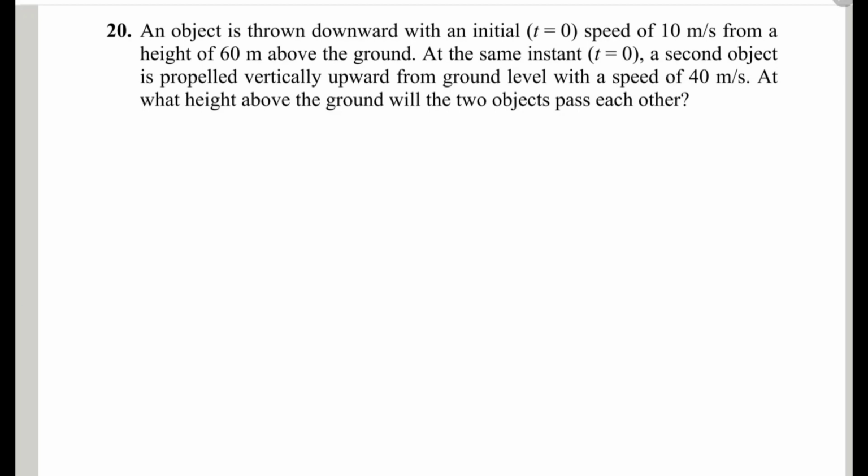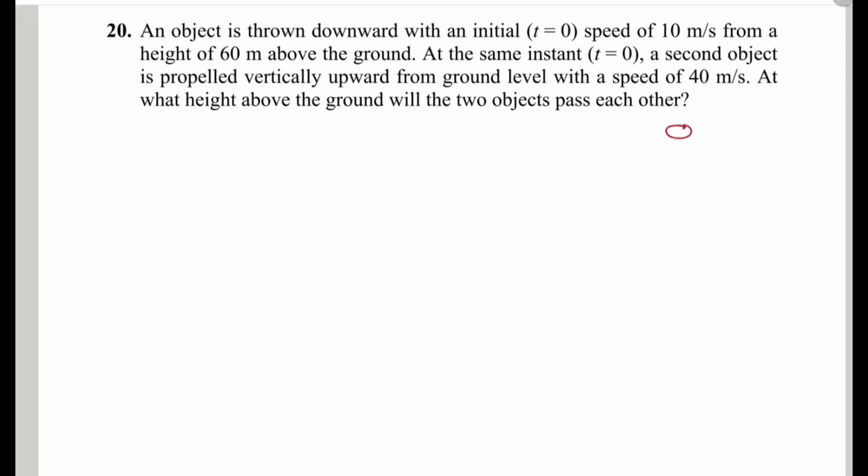An object is thrown downward with an initial speed of 10 meters per second from a height of 60 meters above the ground. At the same instant, t equals 0, a second object is propelled vertically upward from ground level with a speed of 40 meters per second. At what height above the ground will the two objects pass each other? Here's the situation.